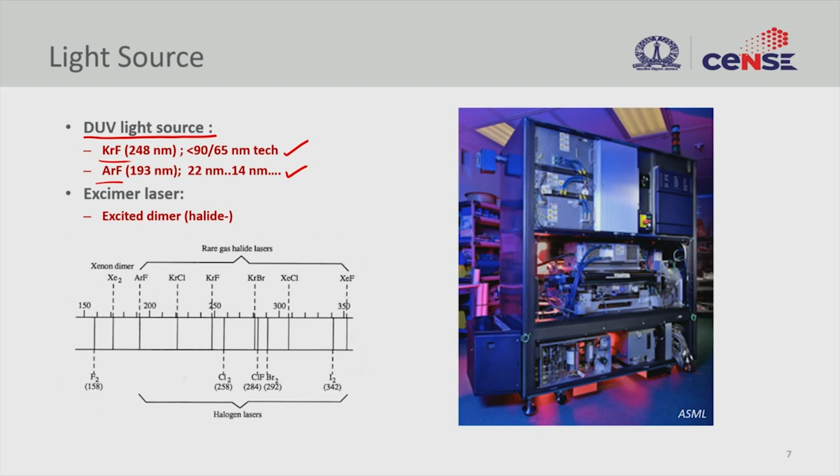And this is all excimer lasers, right? And this is halide based, and you can choose your halide. Based on the halide you use, you can get the right wavelength. This is all about the energy levels, right? If you increase the energy level, you get a lower wavelength laser.